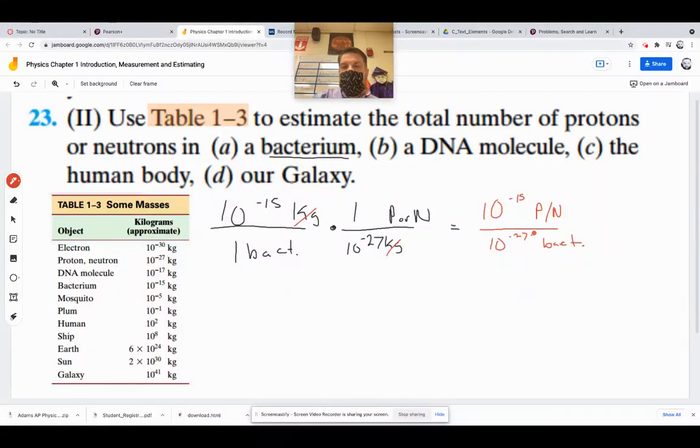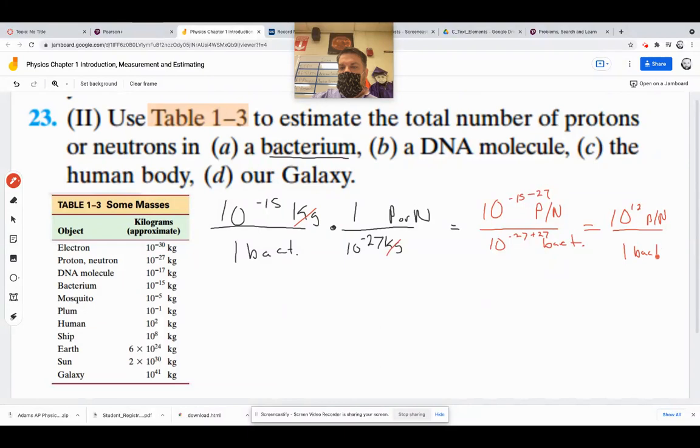Now I'm going to do a little math. I'm going to add 27 to this and add 27 to this. And so I actually get 10 to the positive 12. My little pen thingy here is not cooperating with me. 10 to the 12 protons or neutrons per 1 bacterium.